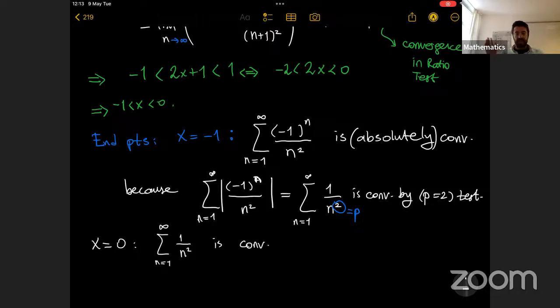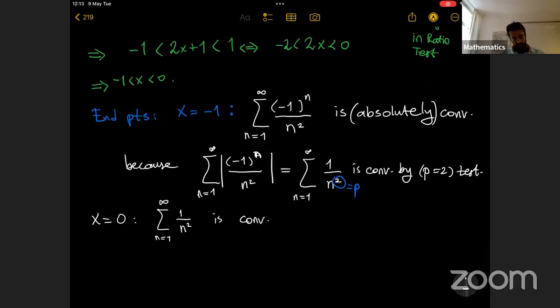Which tells you basically endpoints are included in the interval of convergence. It's because the series is convergent at both endpoints. So the interval of convergence is basically minus 1 to 0. Okay, that's a closed interval. Any question? Any comment?